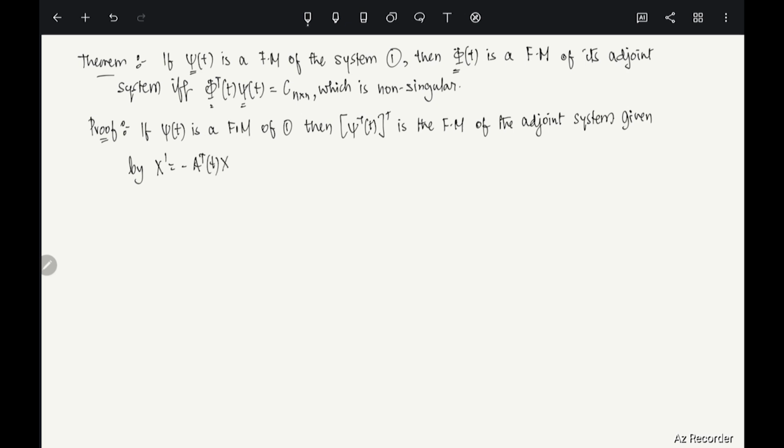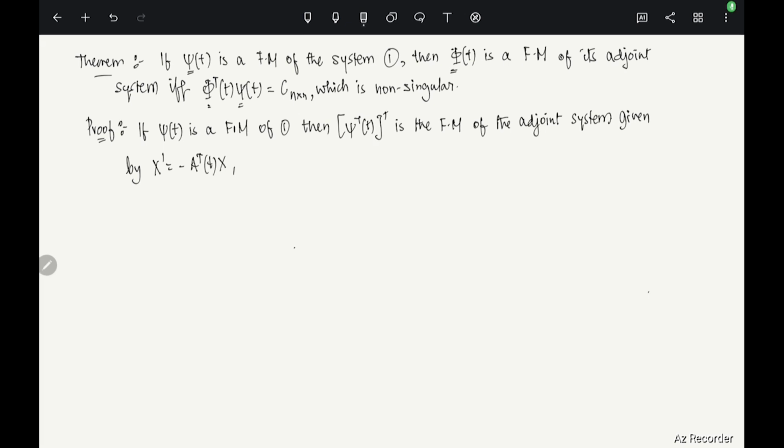Now phi of t, the fundamental matrix of the adjoint system given to us, is also a fundamental matrix of that same adjoint system.